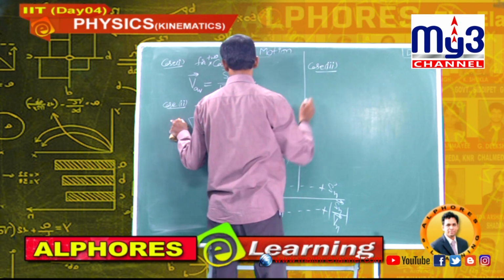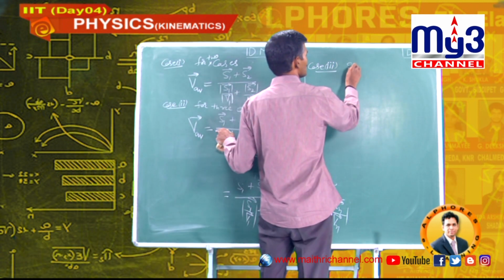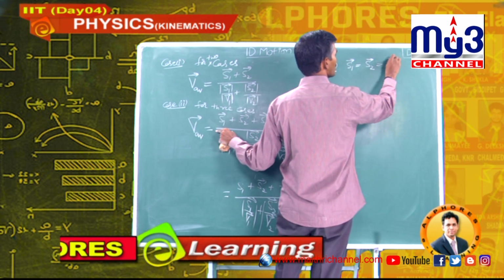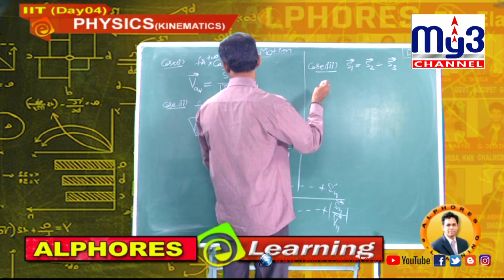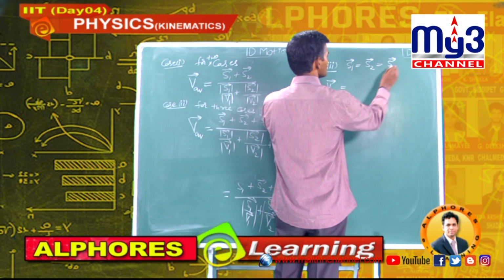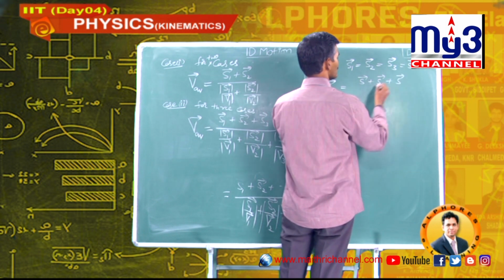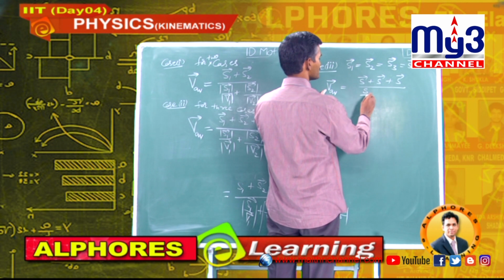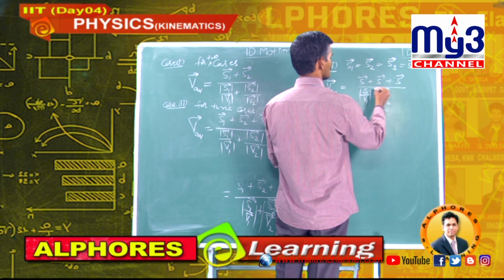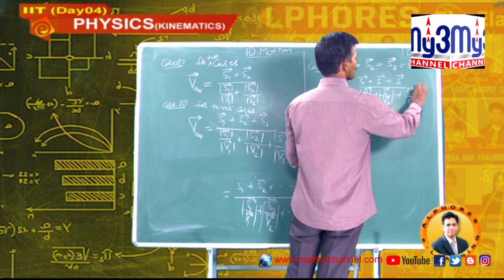My third case is case 3. In this case, I am assuming these displacements are the same, that is S1 bar is equal to S2 bar is equal to S3 bar. If so, then V average becomes, this is some S bar, so S bar plus S bar plus S bar by S by V1 mod plus S by V2 mod plus S bar by V3 mod.